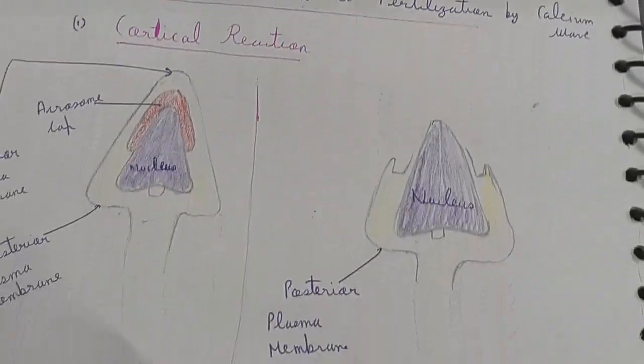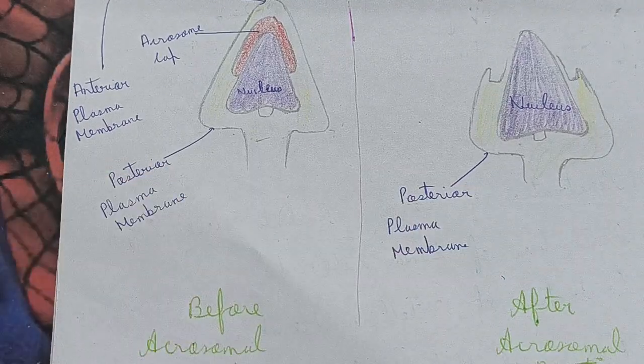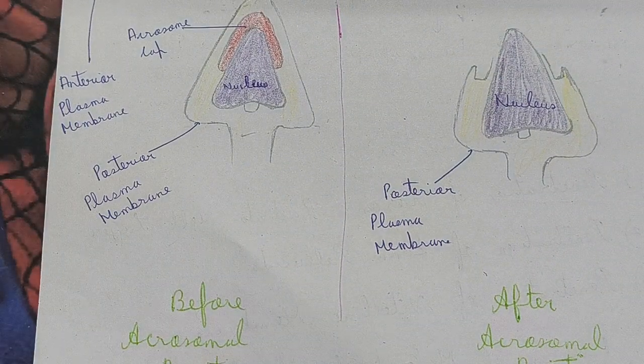So the first reaction is the cortical reaction. But before understanding the cortical reaction, we have to remember a little bit about the acrosomal reaction.